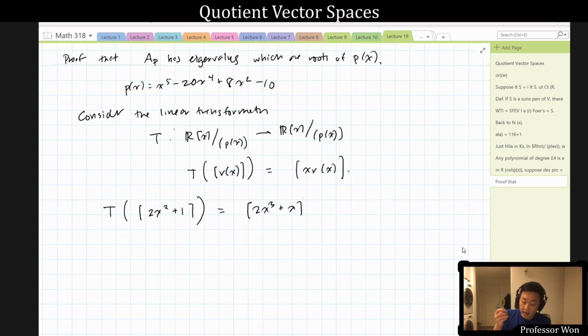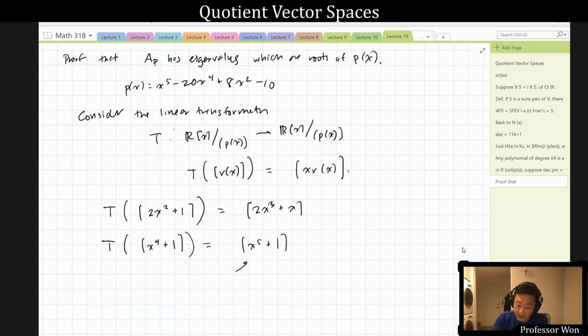But if you take a polynomial with a higher degree, say x to the 4th plus 1, then you'll get x to the 5th plus 1, but this remainder is too big, right? The remainder should have degree less than or equal to 4. So this has a representative that's of smaller degree.